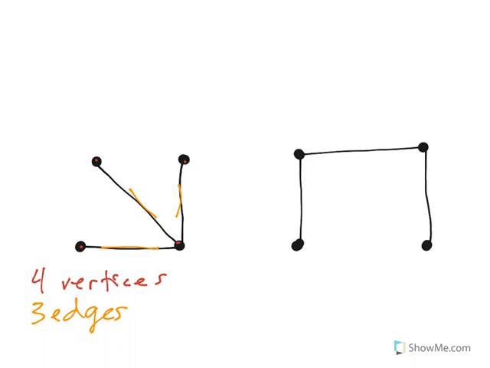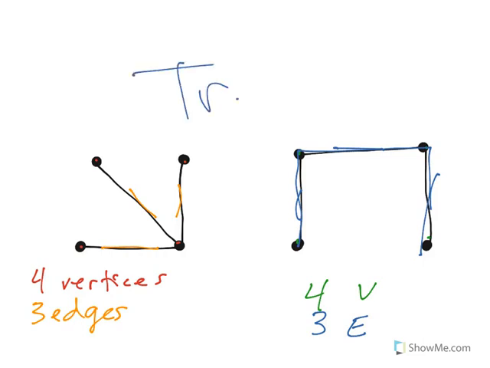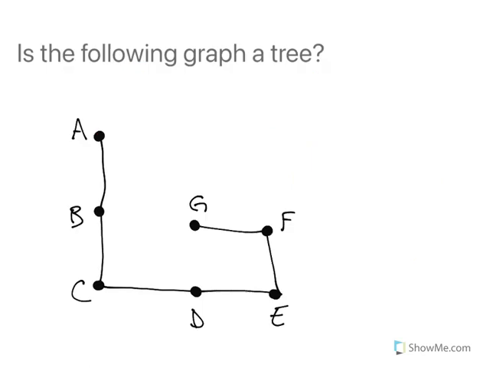Same as the one on the right. We have 1, 2, 3, 4 vertices and 1, 2, 3 edges. Same idea. We can't start and end in the same vertex without repeating edges. So these are both examples of trees.